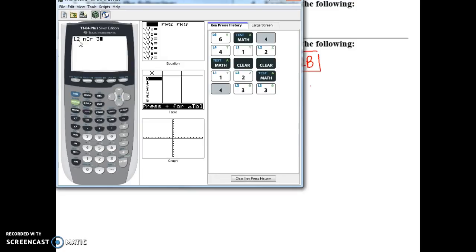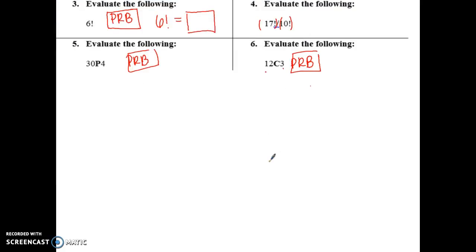Here it should say 12 NCR 3. Of course, if it's permutations, NPR, then just click the NPR button instead. For these, I do want you guys to go ahead and find them. So find that, evaluate that, and then just box your answer here. Find this for me, and box your answer there.